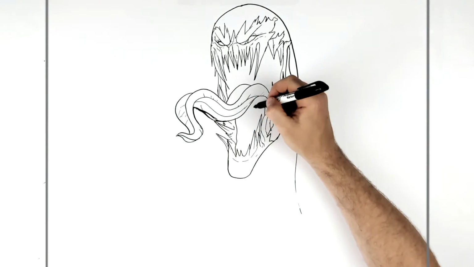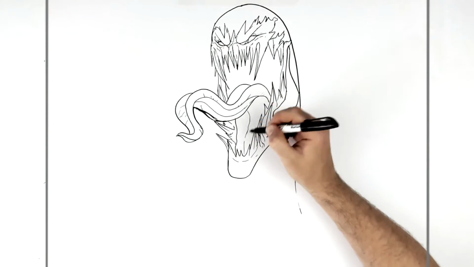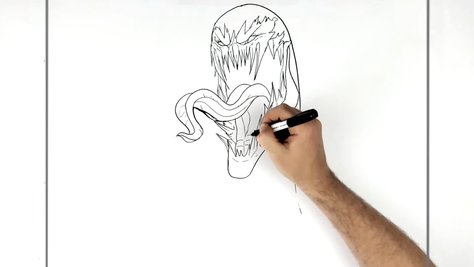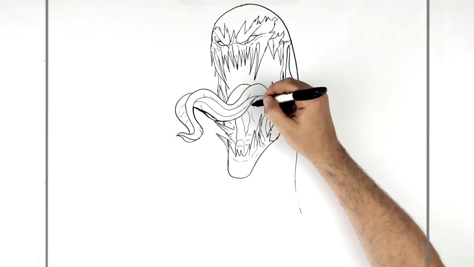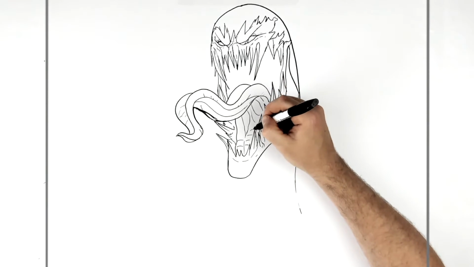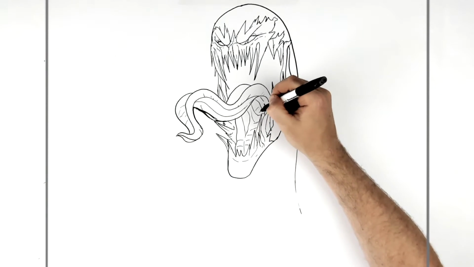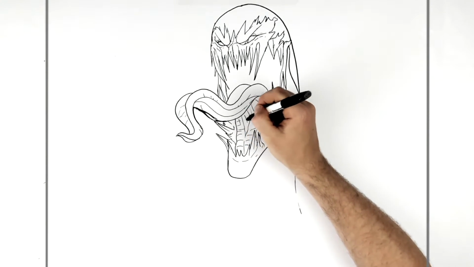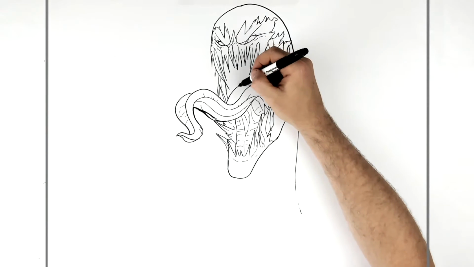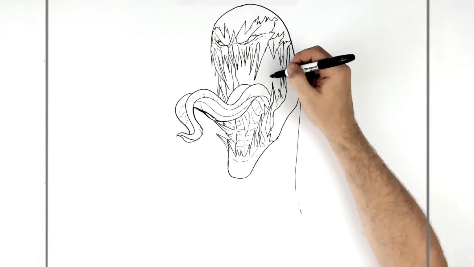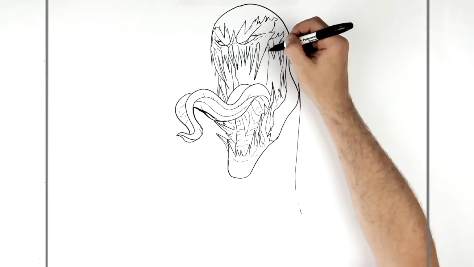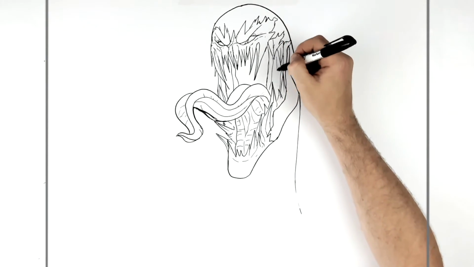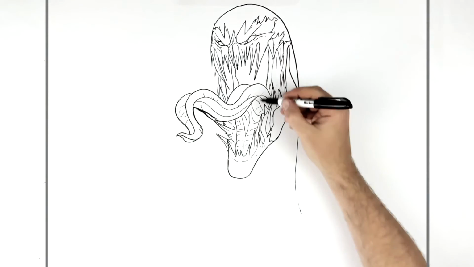Like so, and then this curves down. Lots of details and texture in here underneath the tongue. The back of his mouth is all skin, and then just dark back there.